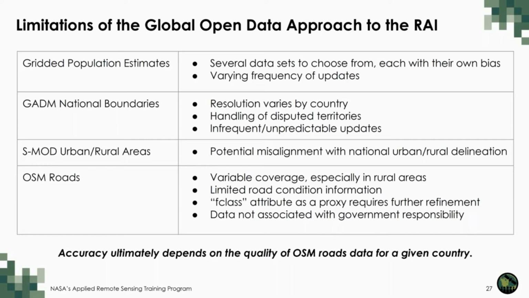The dataset also has limited road condition information, and using the F-class as a proxy requires further refinement. Finally, the dataset is not associated with government responsibility, and therefore can't really be used for prioritizing road improvements. In the global approach, the accuracy of the RAI ultimately depends on the quality of the OSM roads data for a given country.